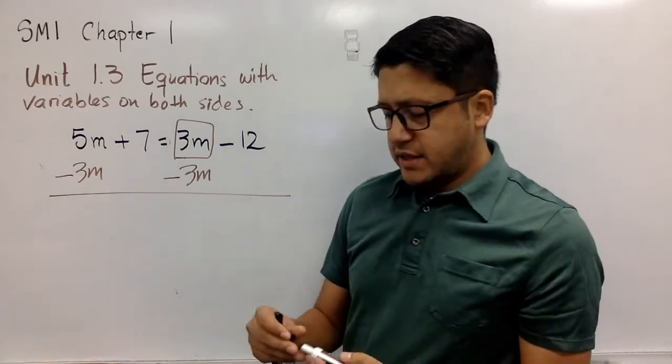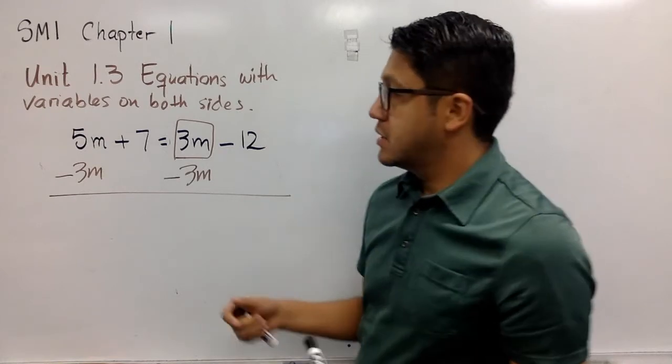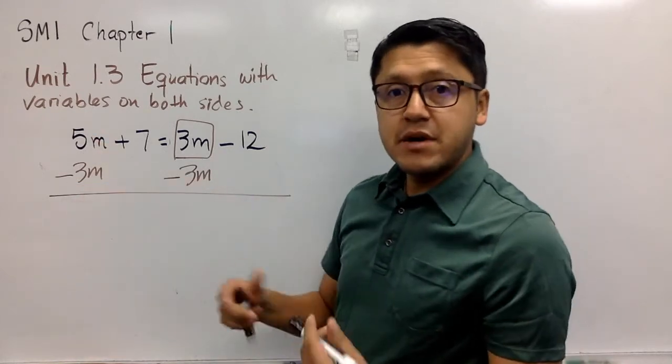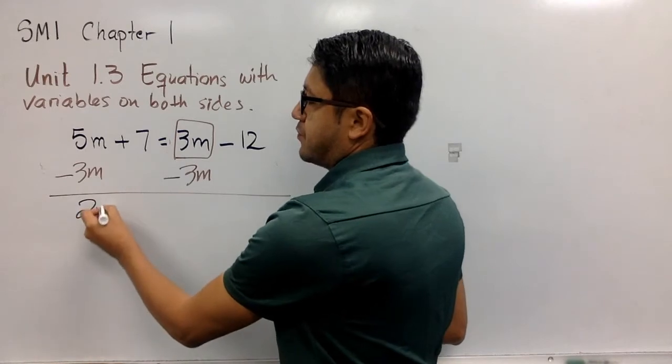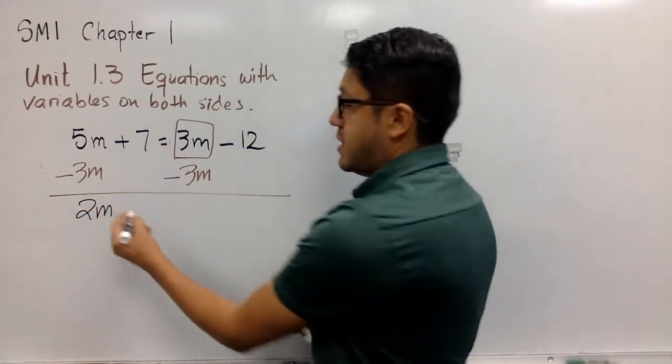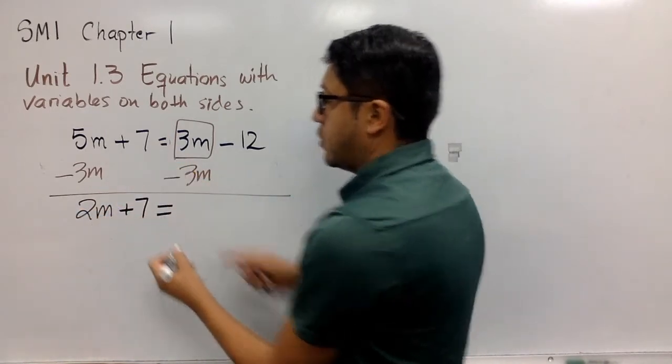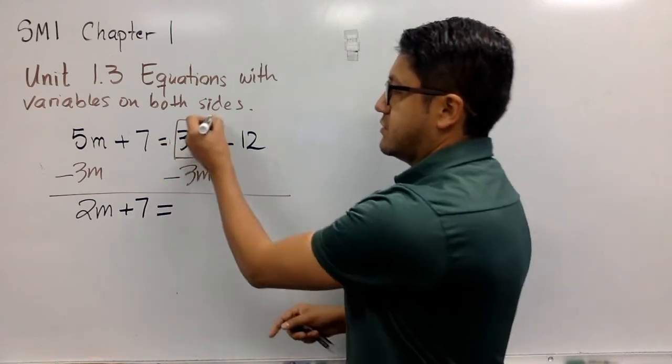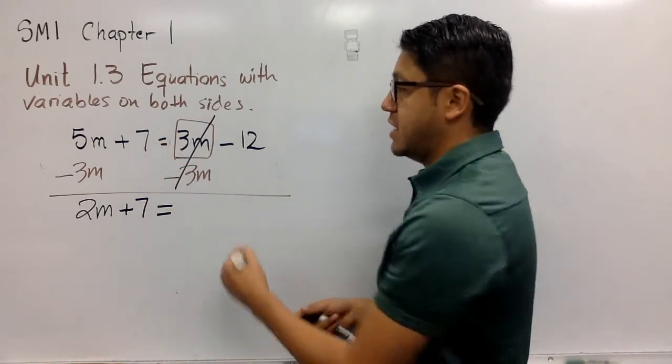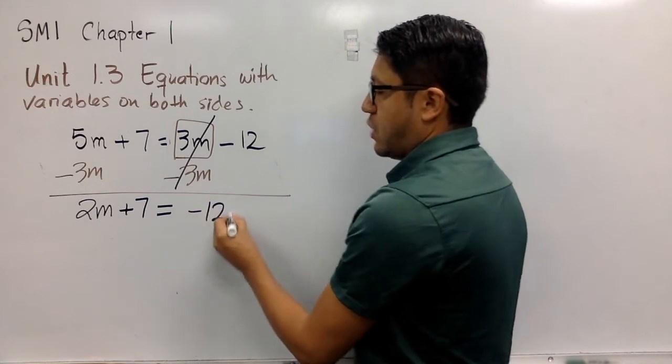So when I do that, you will see what happens. 5m minus 3m, it's a 2m. This plus 7 remains here, equals, right? 3m minus 3m, it's canceled. That's the intention. And we keep this minus 12.